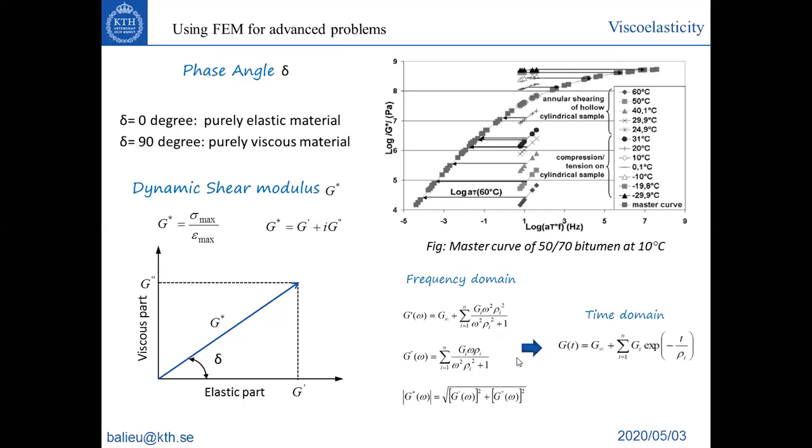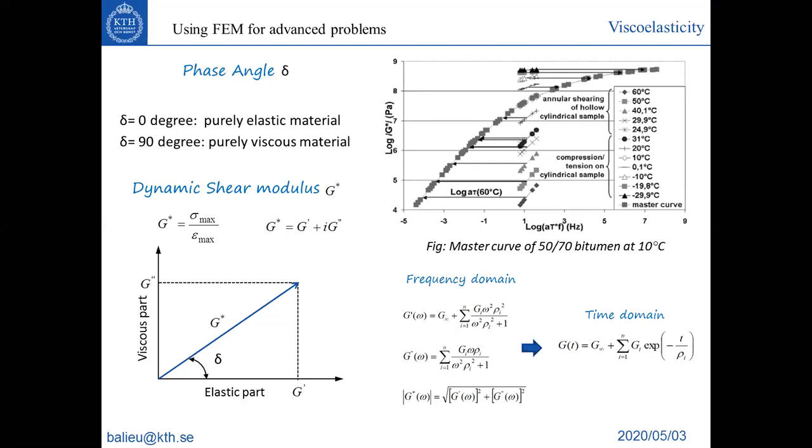So you can use this Prony series. This Prony series is the same as the Prony series written in terms of relaxation modulus, but now it is written in terms of shear modulus. But as you already know, in viscoelasticity, the Young modulus, shear modulus, bulk modulus, and Poisson ratio are all linked together.